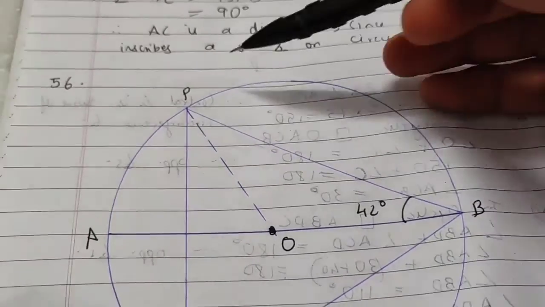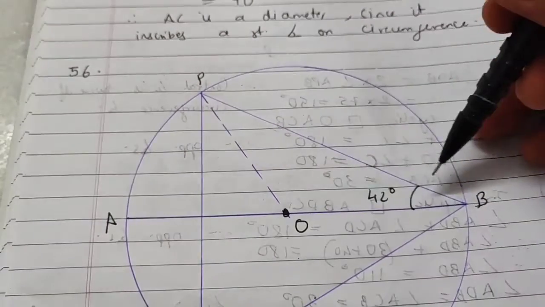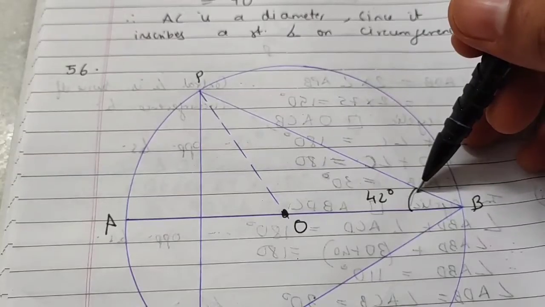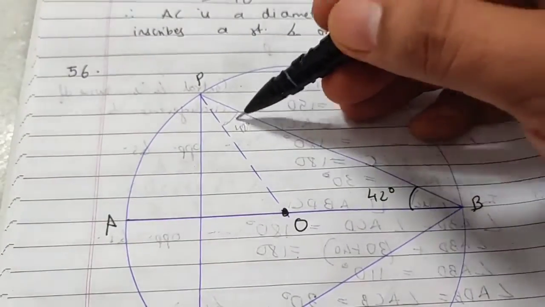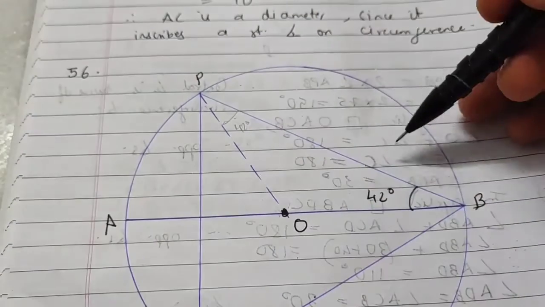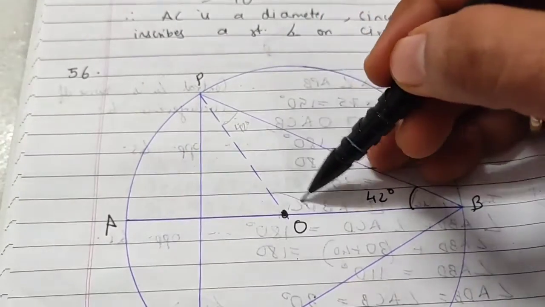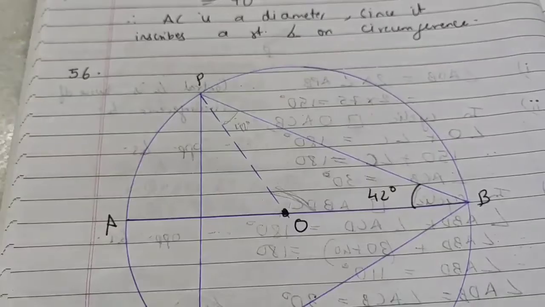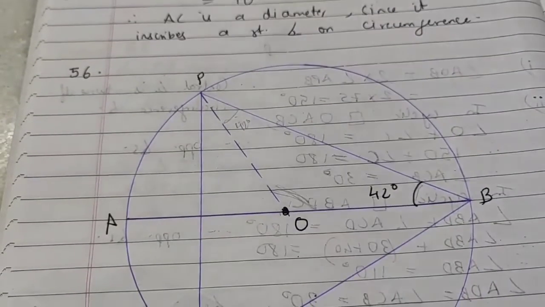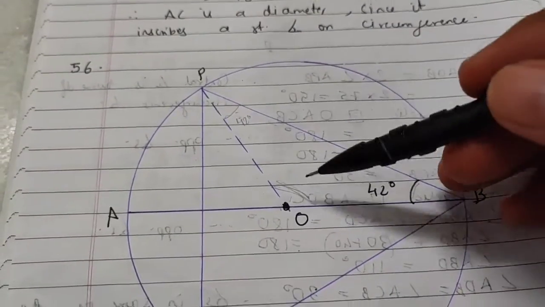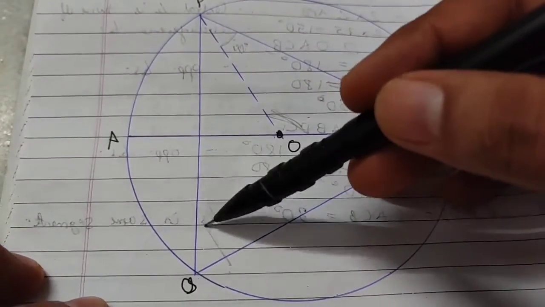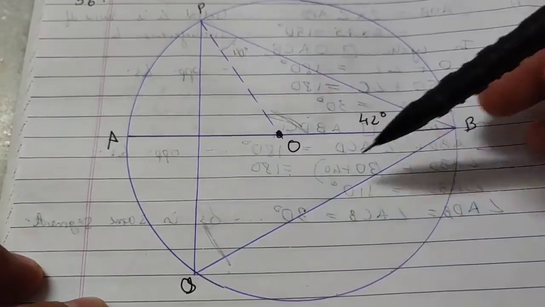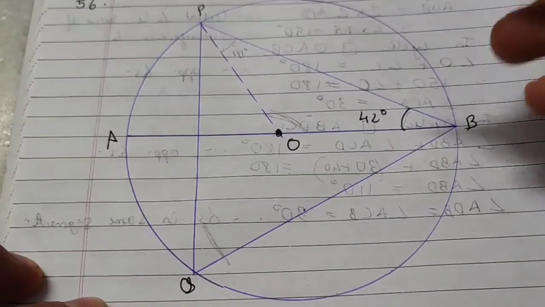First of all, construct PO. Now if this is 42, then this will also be 42, because it's an isosceles triangle, isn't it? Radii, radii. By angle sum property, you can get angle POB. Once you get POB, then half of that is PQB, because angle at the circumference is always half of central angle. So that's one method.